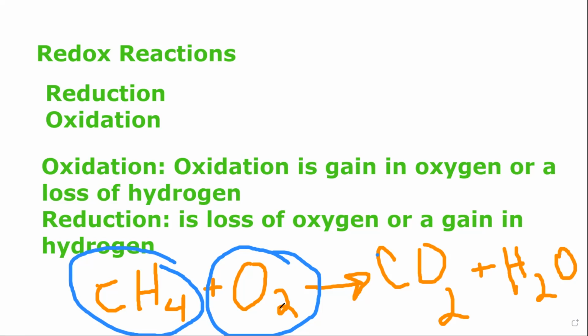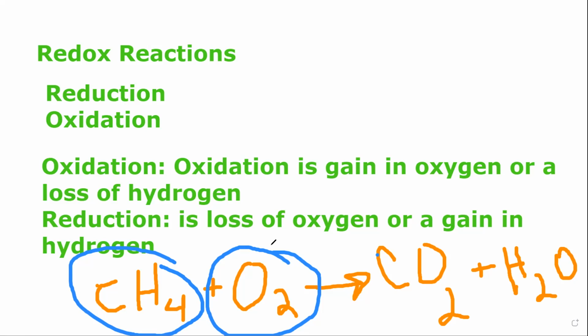Sometimes it is not necessary that oxygen itself will be present for oxidation. There are some compounds which have a lot of oxygen atoms in their molecules, and those types of chemical compounds can also act as oxidizing agents.